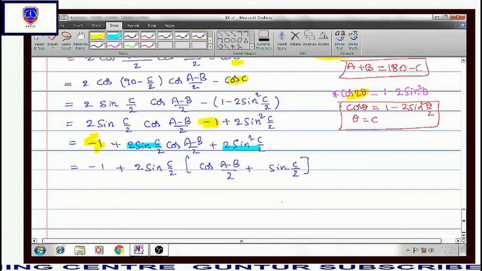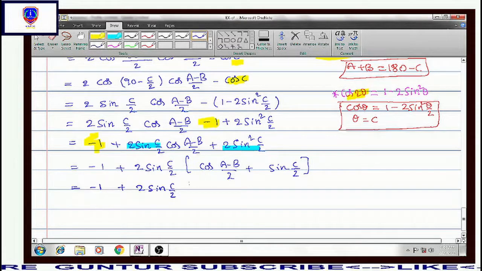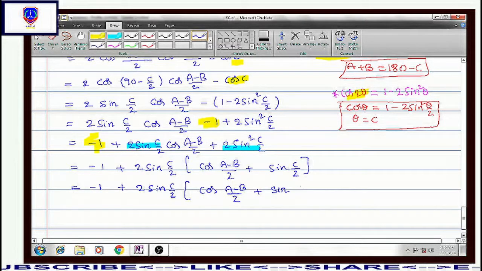Write the next step: minus 1 plus 2 sine C by 2 of cos of (A minus B) by 2 plus sine of, replacing C with 180 minus (A plus B), the whole divided by 2.